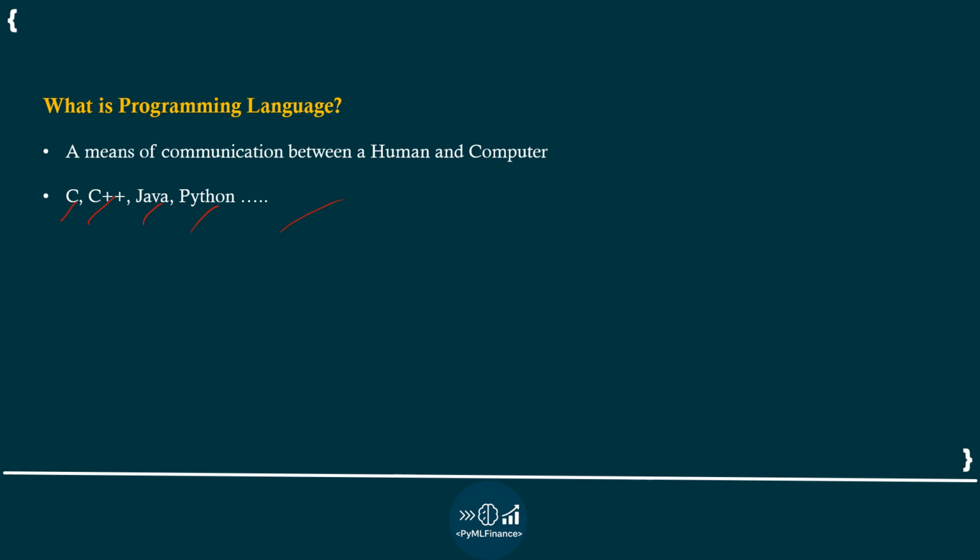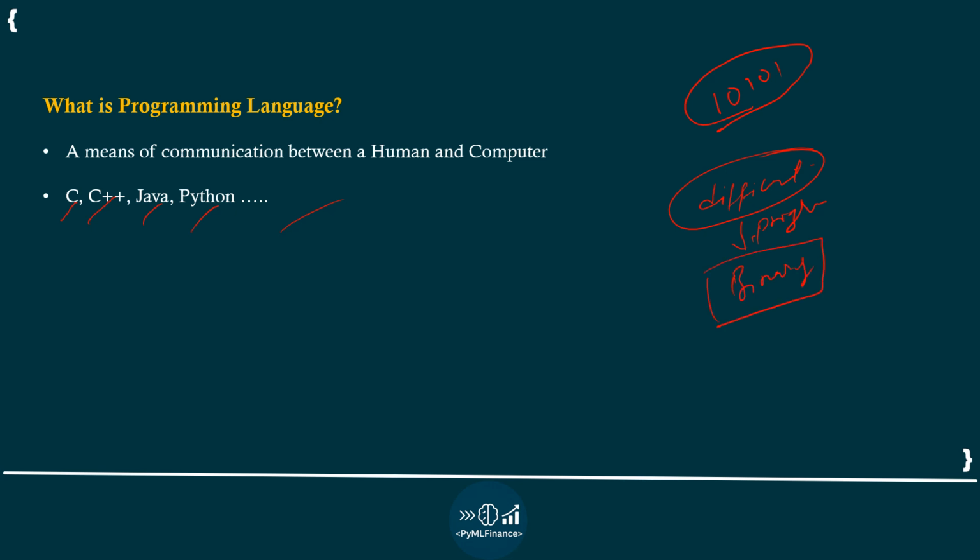Now, why programming languages? Well, a computer only understands binary language. If you are aware, a computer only understands numbers in the form of zeros and ones. Writing programs in binary is extremely difficult for humans.